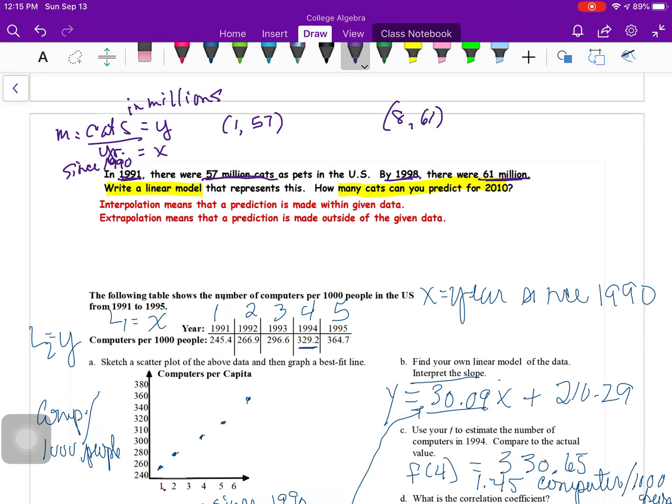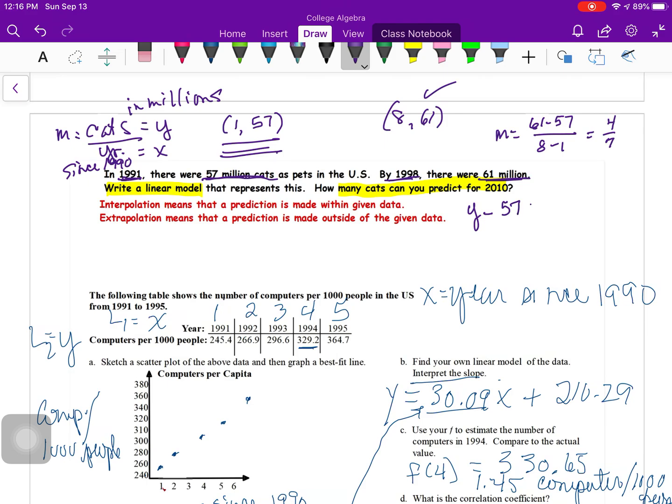(8, 61). So to find the slope, I'm going to start with this point. It would be 61 minus 57 over 8 minus 1. That gives me 4/7. So I can write my equation as y minus my y coordinate, and I'm going to use the point I began with.